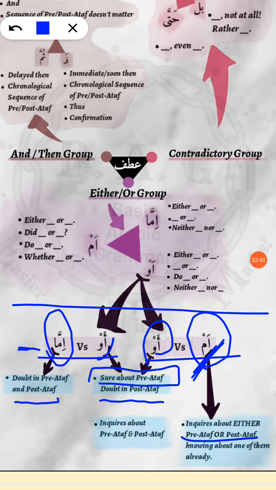So o inquires about pre-ataf and post-ataf, because he doesn't know about these two. But in am, the person knows that out of pre and post-ataf, one of these two is correct, but which one it is, I don't know. So that is when you are going to use am.